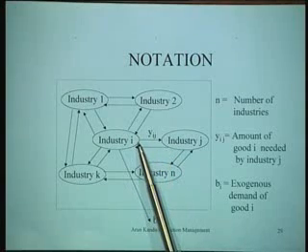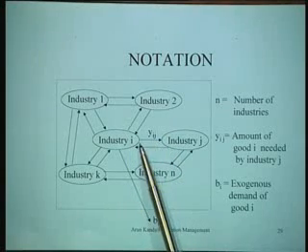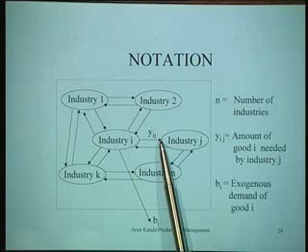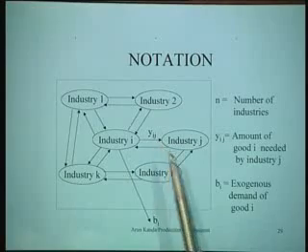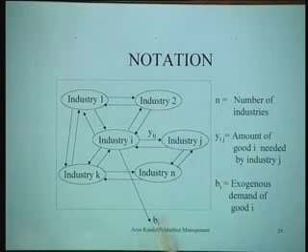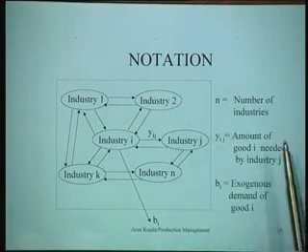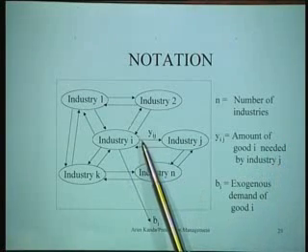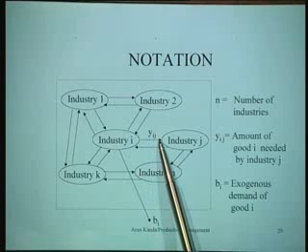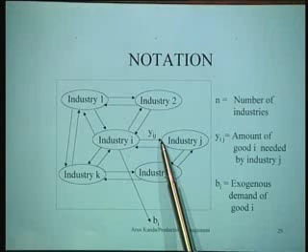So Yij is flowing from the ith industry to the jth industry, because the jth industry during the whole year or during the whole period, mind you, this entire exercise is for a certain period and the normal period is 1 year. So Yij is the amount of good I flowing to industry J in that particular period.